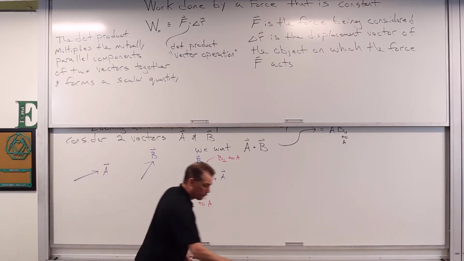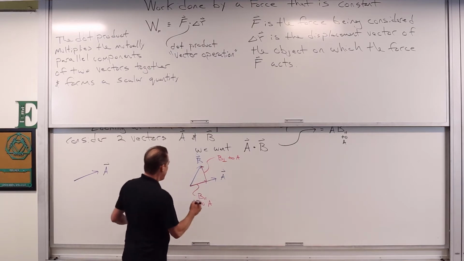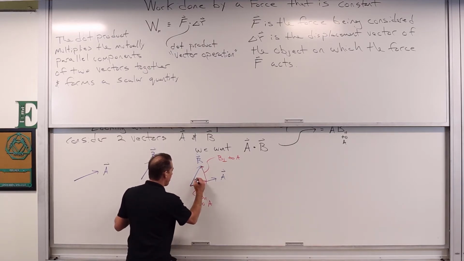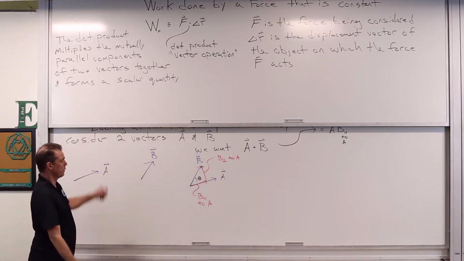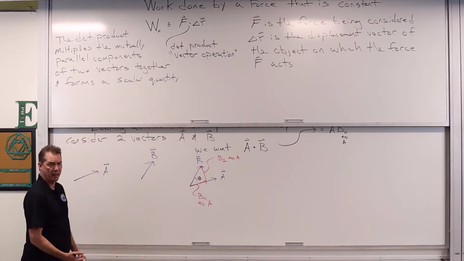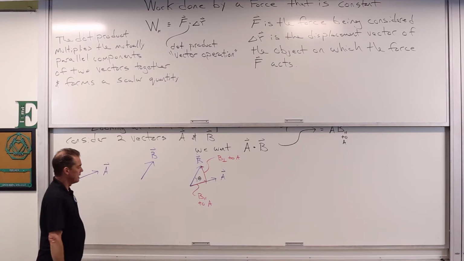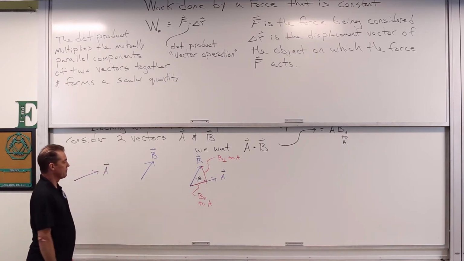So what can we do with this? Well, we can identify that there has to be some angular separation between these two vectors. One points in one direction, one points in the other direction, so there's some angle theta that separates those two vectors. So how am I going to get this B parallel out of that?